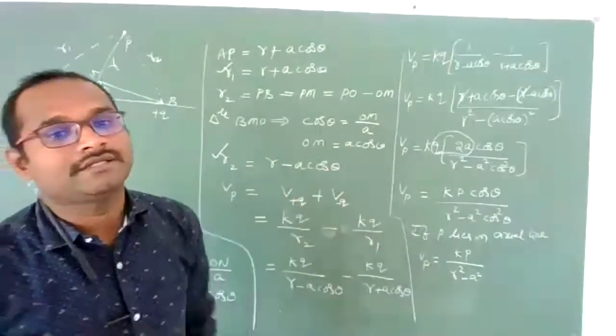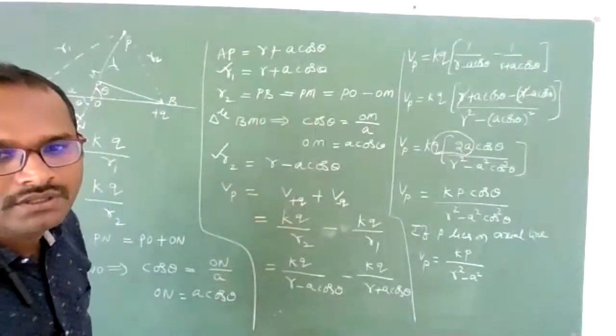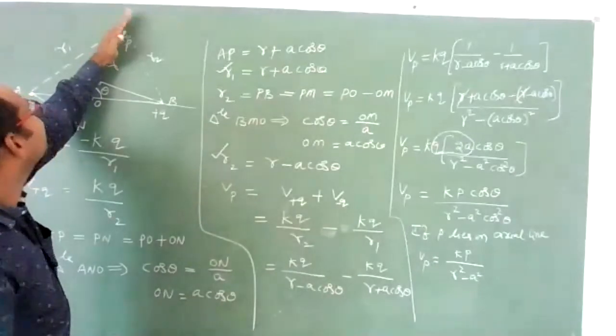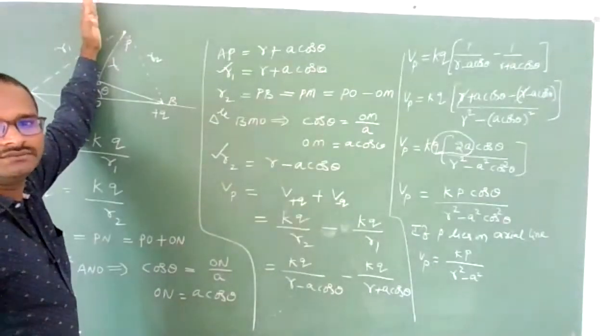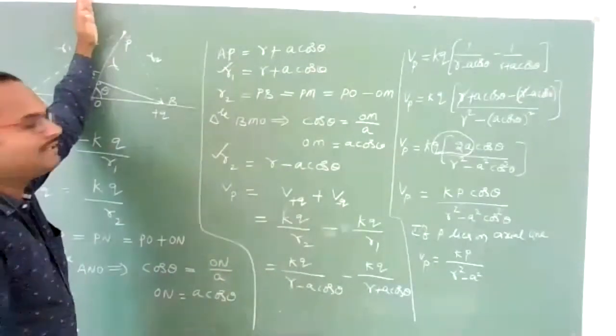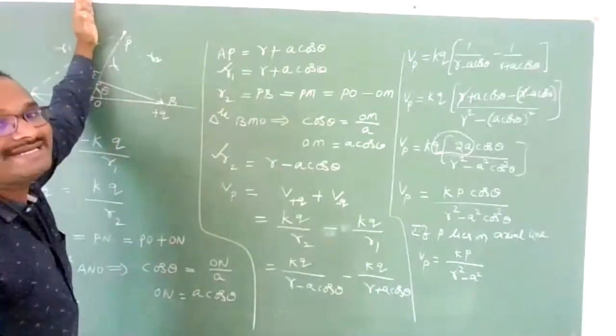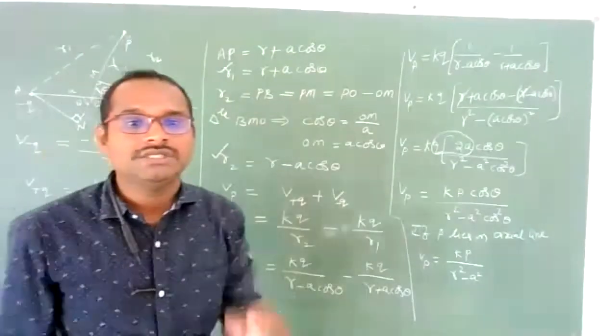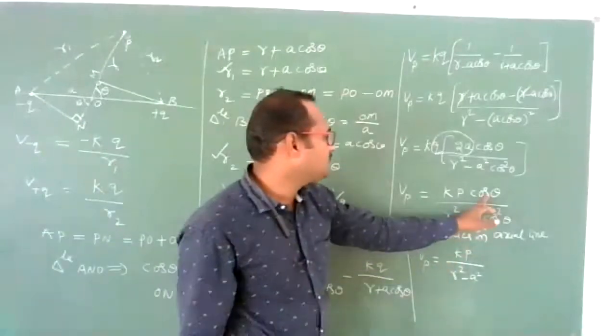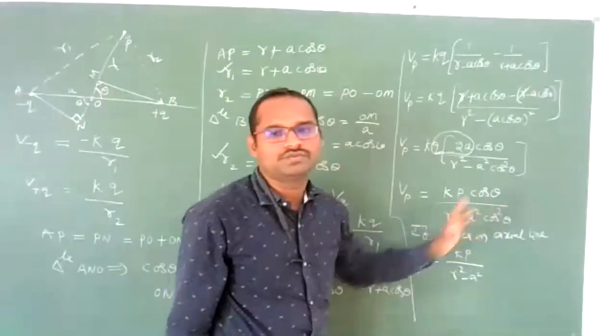Okay. Now, if you take point P exactly on the equatorial line, angle becomes 90 degrees. Cos 90 is 0. Means here 0 you keep, everything will become 0.